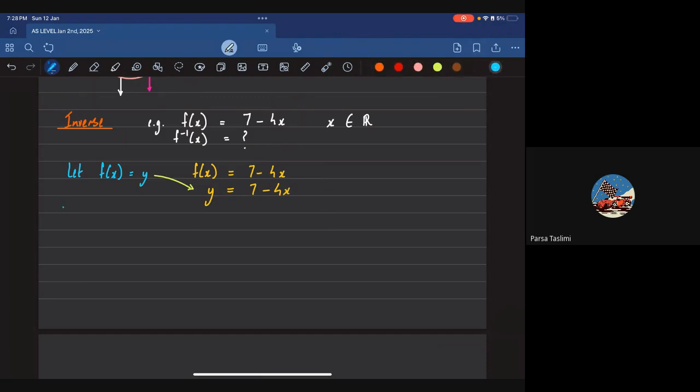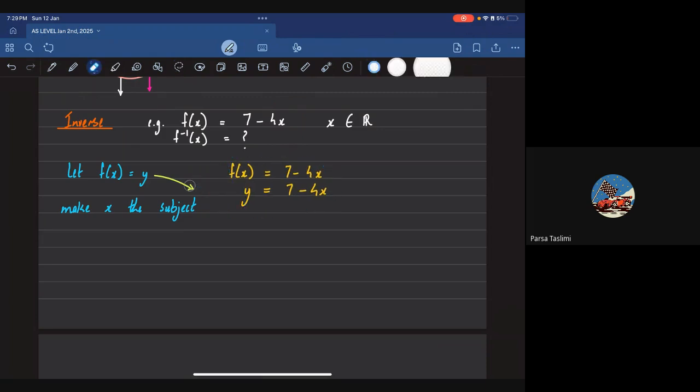Secondly, you have to make x the subject. And how you're going to do that is going to be critical as well.